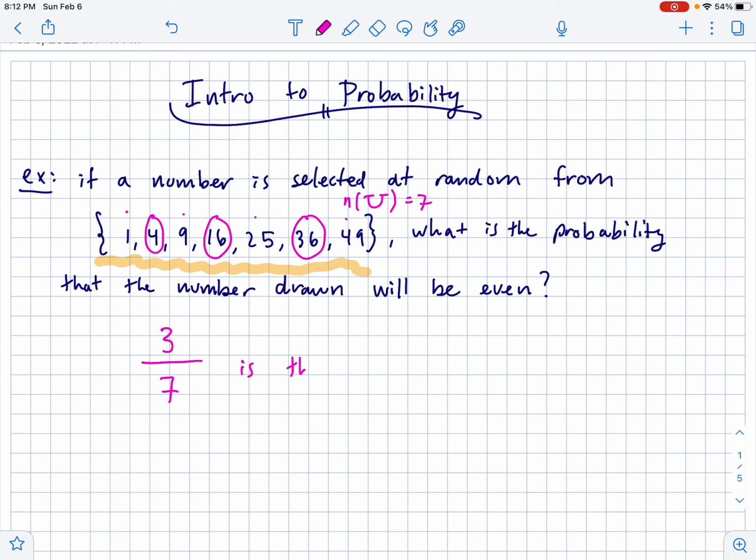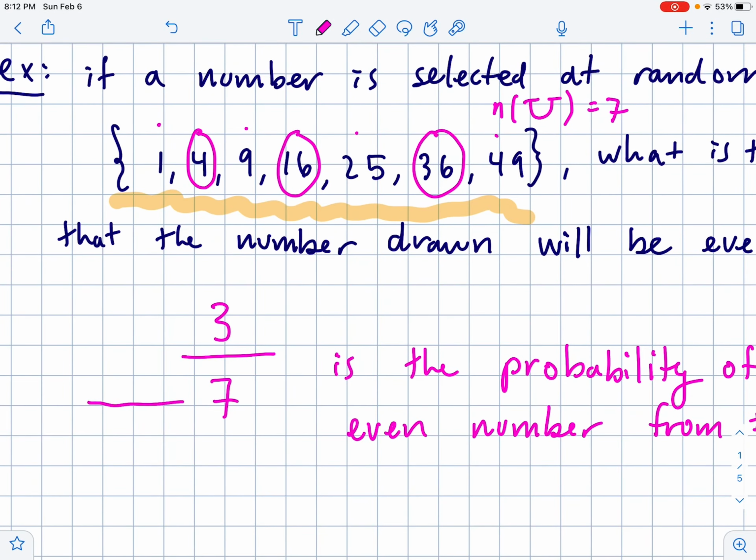So this will be the probability. So the probability of getting an even number is 3 out of 7.